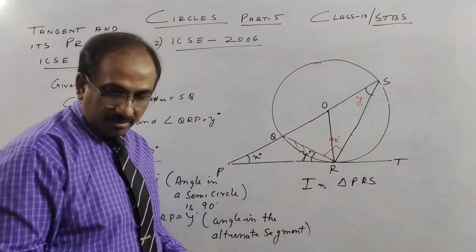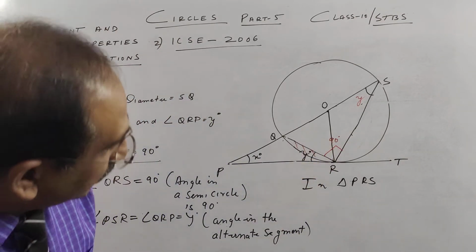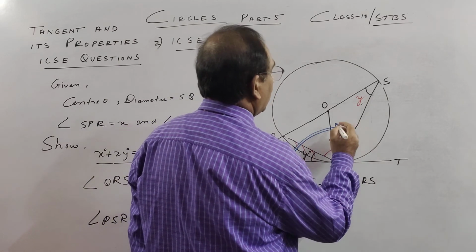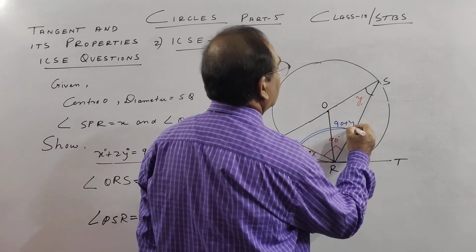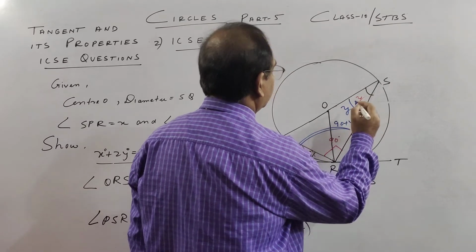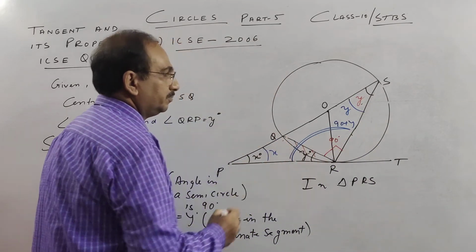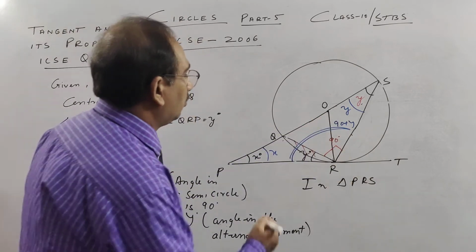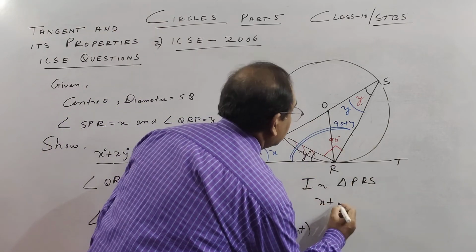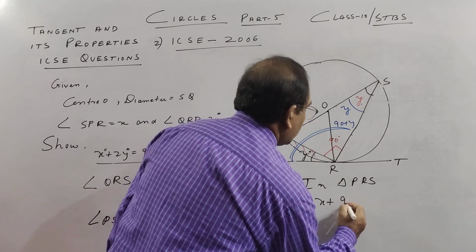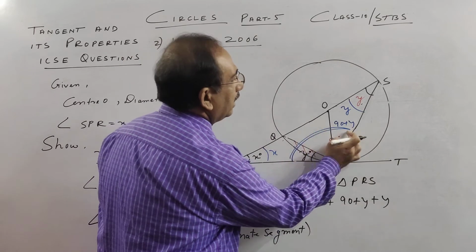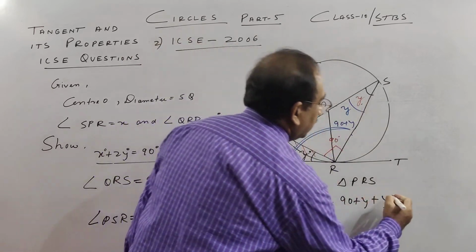I can show you with a blue marker: this full angle, children, is 90 plus y. This angle is y and this angle is x. Just see this triangle I have shown you. So what do we write? X plus 90 plus y plus y, that is, x plus 90 plus y is 180 degree.